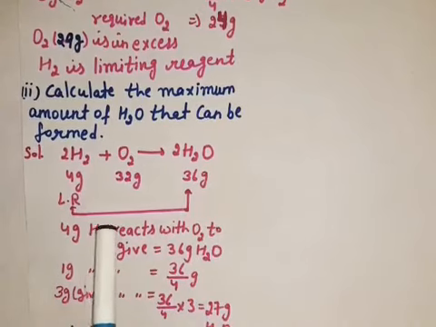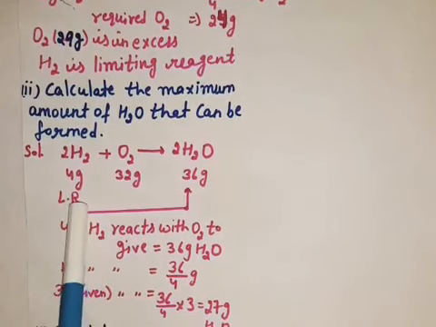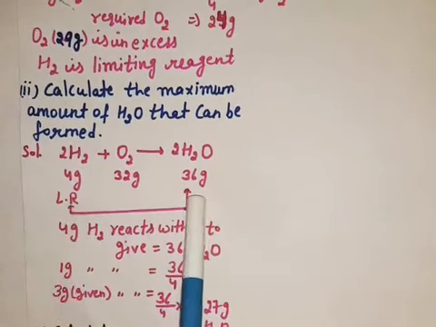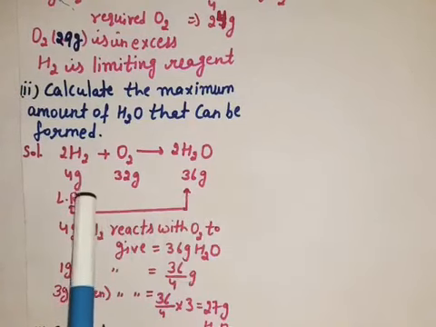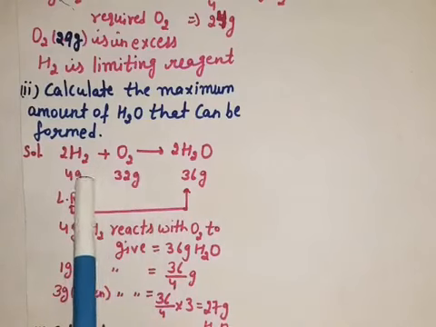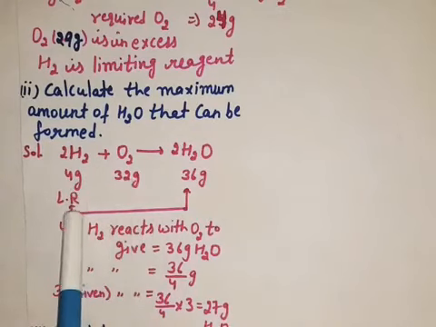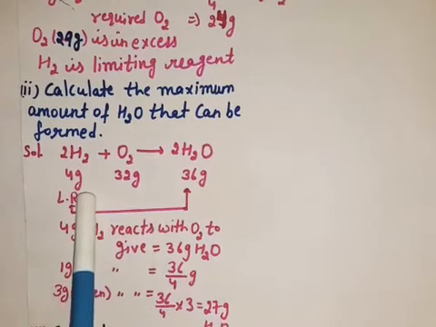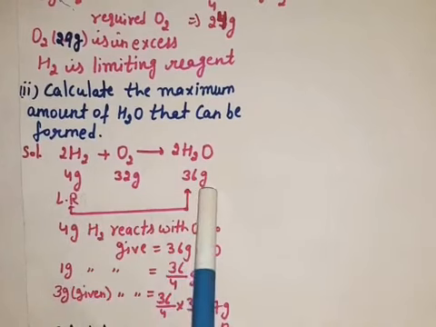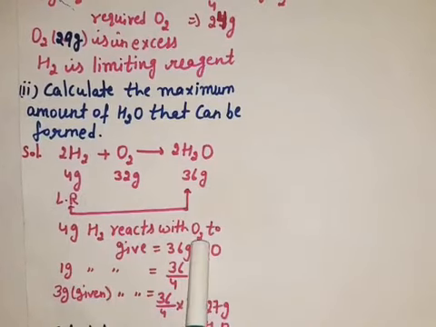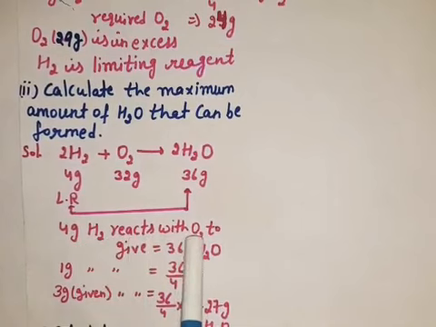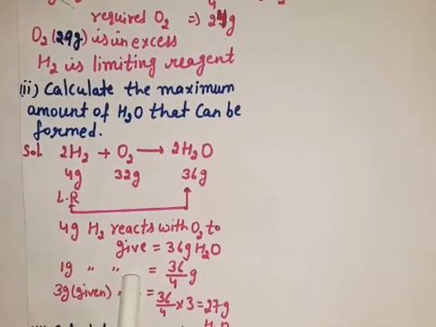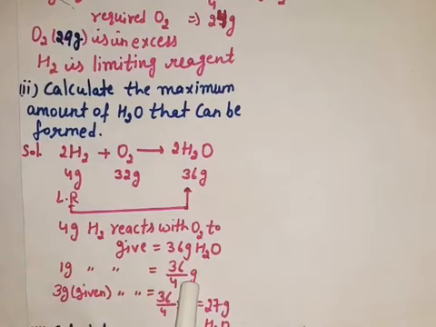Now as you can see here, the limiting reagent controls the amount of product. So in the first part we compared the amount of reactants. Now in the second part we will compare the limiting reagent with the product. So 4 gram of hydrogen reacts with oxygen to give 36 gram of water. So 1 gram of hydrogen will react with oxygen to give 36 by 4 gram of water.